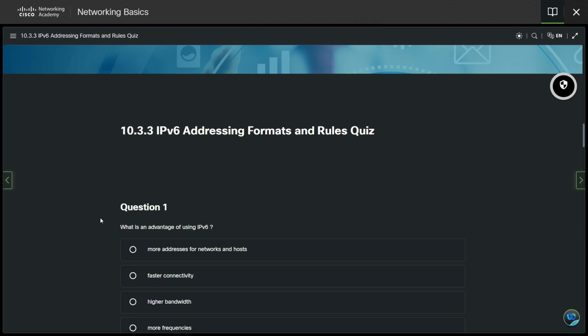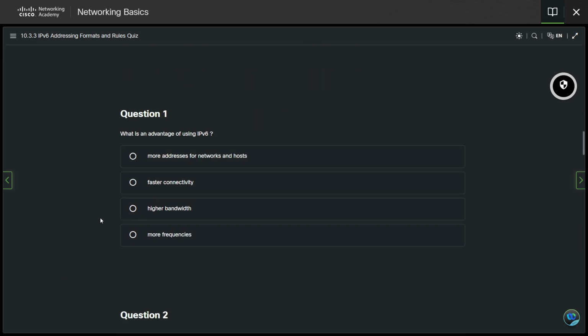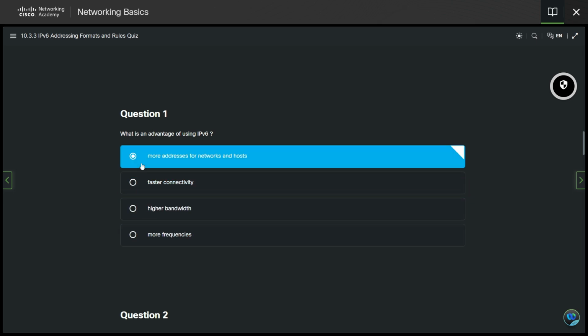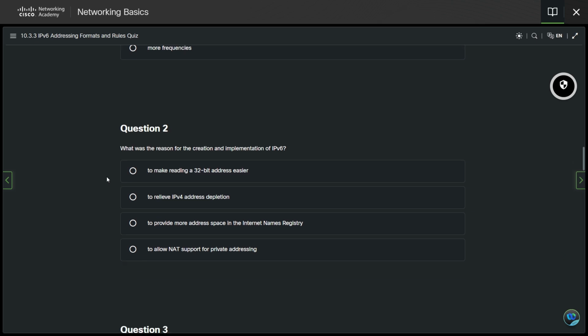IPv6 addressing formats and rules quiz. The first question: what is the advantage of using IPv6? More addresses for networks and hosts, faster connectivity, higher bandwidth, more frequencies. It is more addresses. Question 2. What was the reason for the creation and implementation of IPv6?